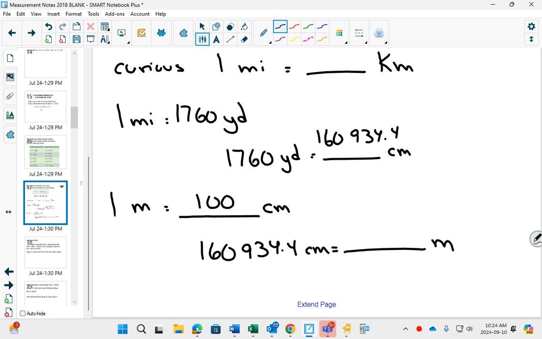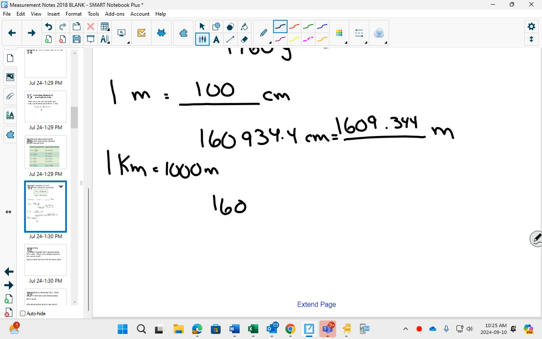If I know that 1 meter is 100 centimeters, I can go from centimeters to meters. Do you multiply or do you divide? Divide. And dividing by 100 is 2 zeros. This we can do in our head by just moving the decimal place over 2 places. And I know that 1 kilometer is 1,000 meters.